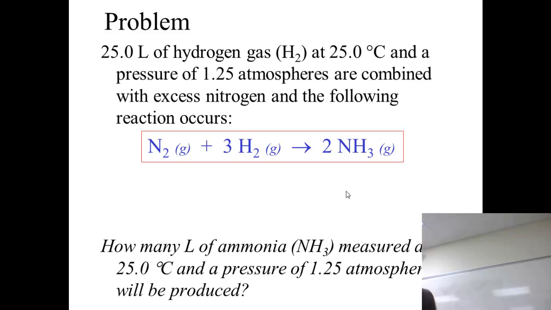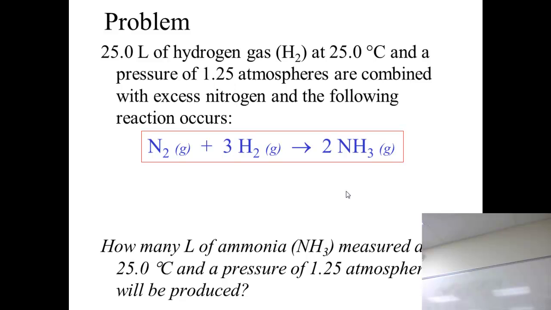You can use the relative moles. 3 moles of hydrogen, 2 moles of ammonia. 3 liters of hydrogen, 2 liters of ammonia. That's what that means.